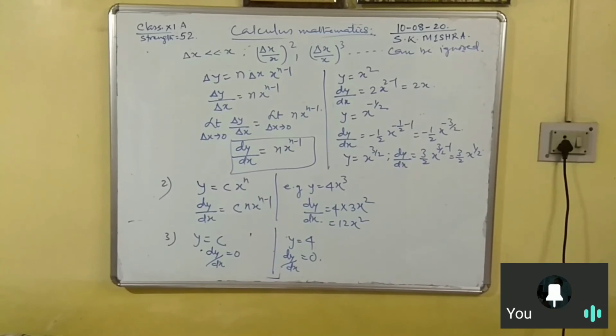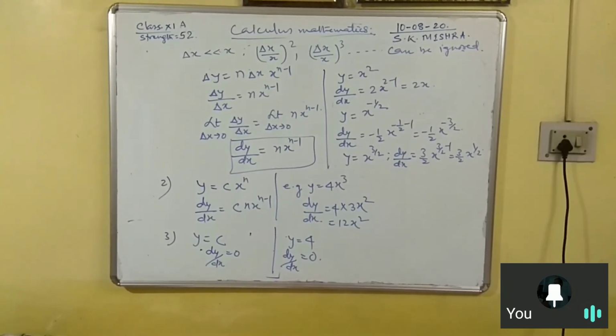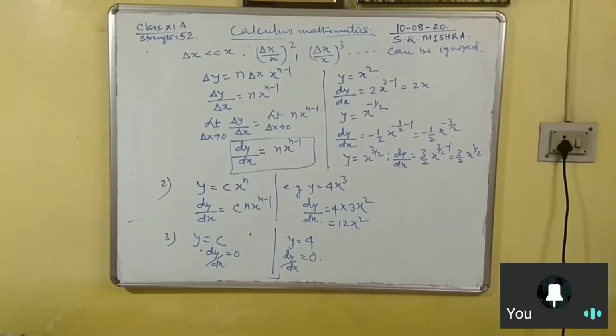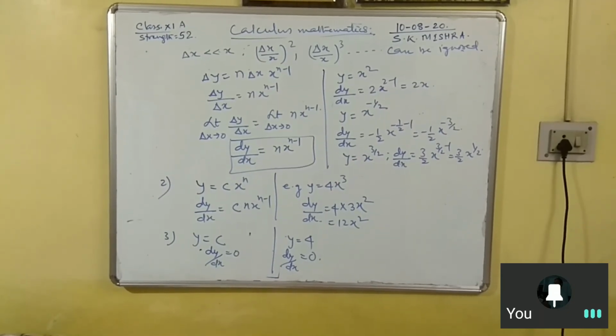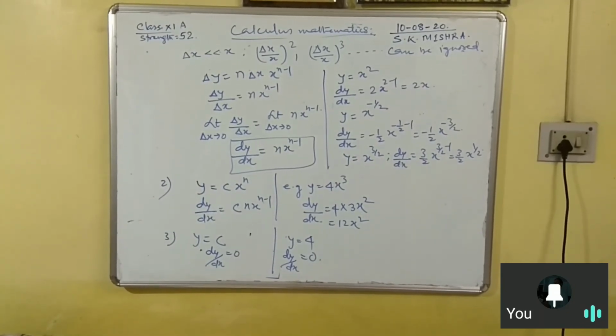If a function y is equal to log x, then how will you find dy by dx? If y is equal to e raised to kx, then what is dy by dx? That is called an exponential function, logarithmic function. This is an algebraic function. And like y is equal to sin x, then what is dy by dx? That I will do later on. So tomorrow I will do the remaining part. Okay? Should I stop?